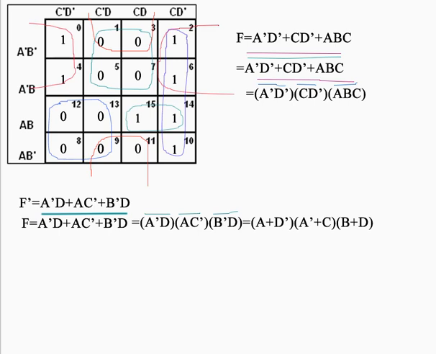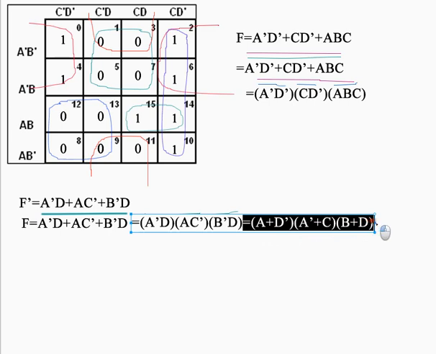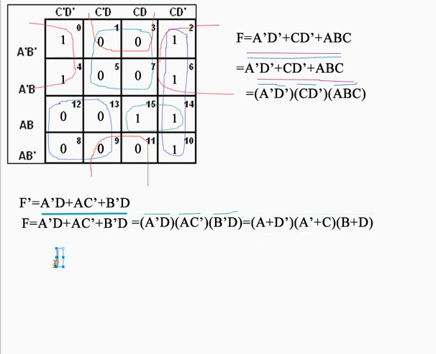Then I take the product of sums form. So now what I'm going to do is I'm going to go for this one. Okay, so this one here, if I go and paste it right there, then I can complement it twice as usual.